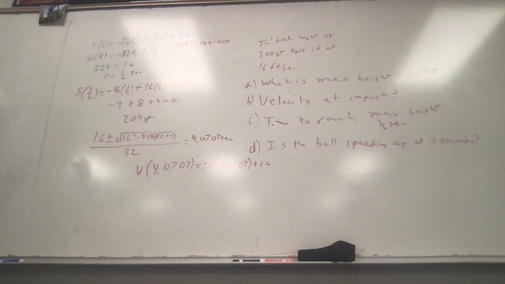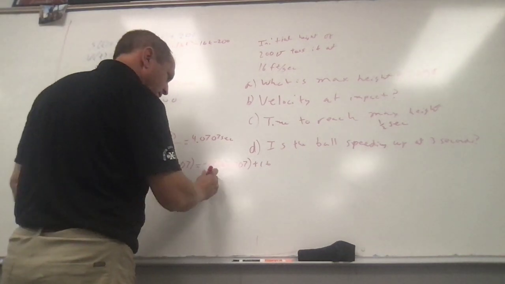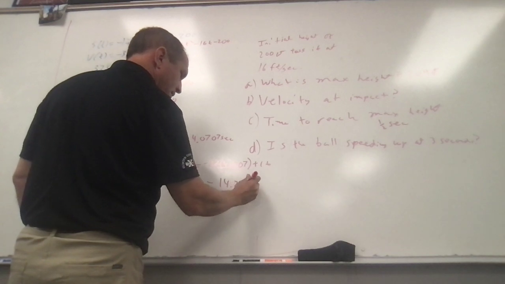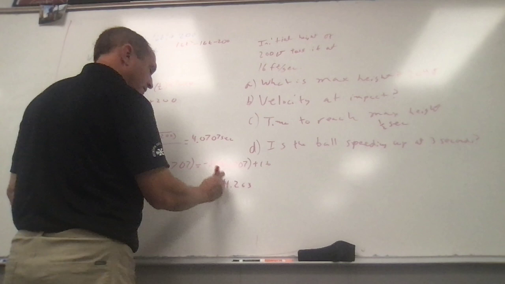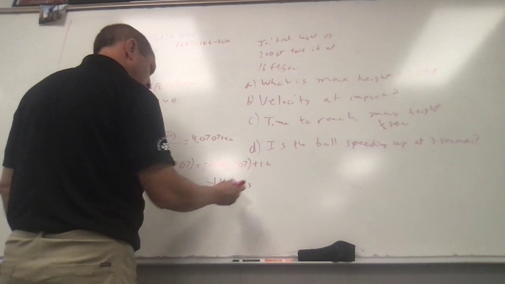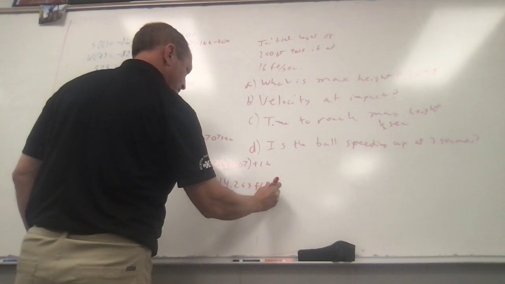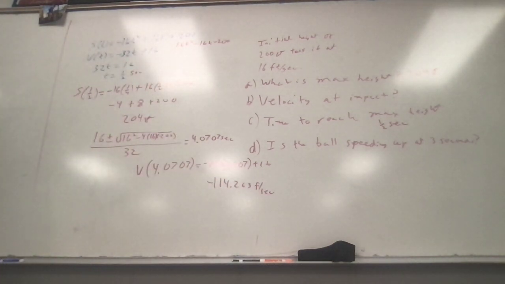Negative 114.263. What'd you say again? Negative 114.263? Did you say 114? Yeah. Okay. And that's going to be feet per second. Now, at that point, that's going to be the velocity of impact.